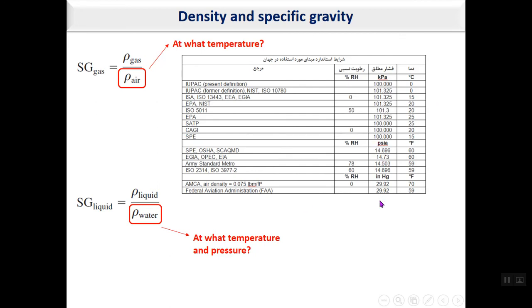Actually, the pressure reference for all of them is 1 atmosphere, but the difference is about the temperature reference. So keep in mind when you are calculating the specific gravity of gases, this may make big differences in the calculation, and in some industries there is some discussion about that. Please keep in mind.